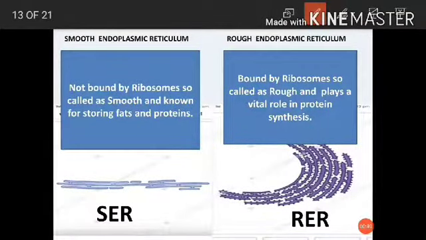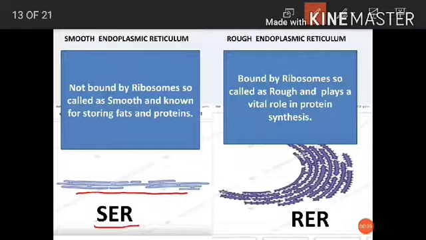Smooth endoplasmic reticulum is free of any kind of granular structure, and that granular structure is called ribosomes. So they are called smooth endoplasmic reticulum. They are not bound by the ribosomes.